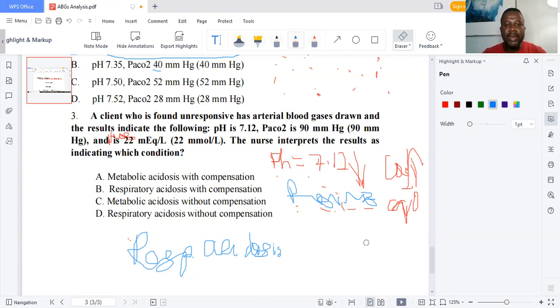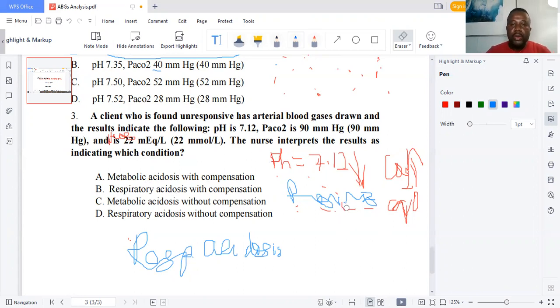We have bicarbonate at 22. It's low, not actually low, it's within the range, but on the low side. And the pH is low. They are equal. They have to be equal, right?